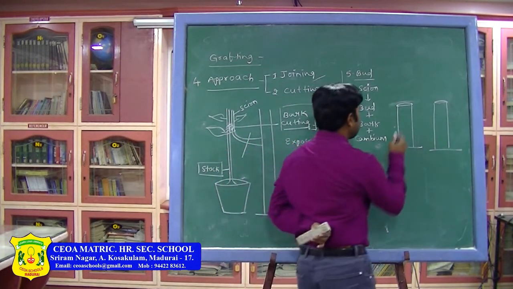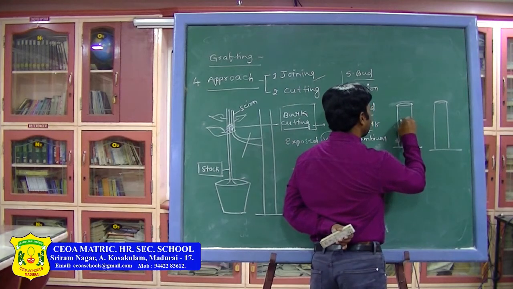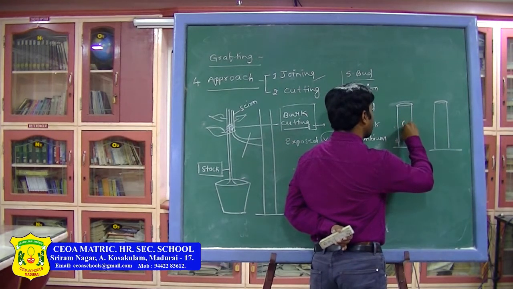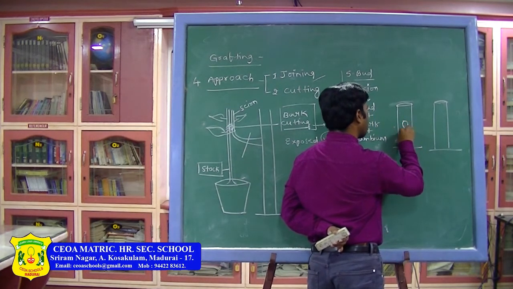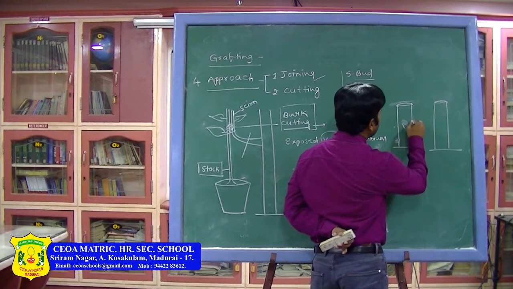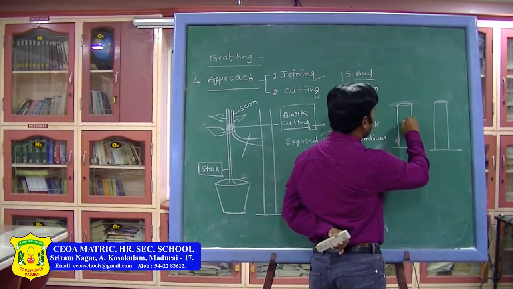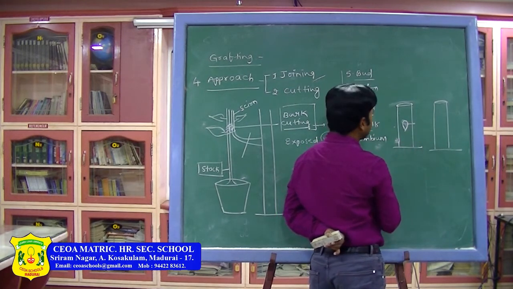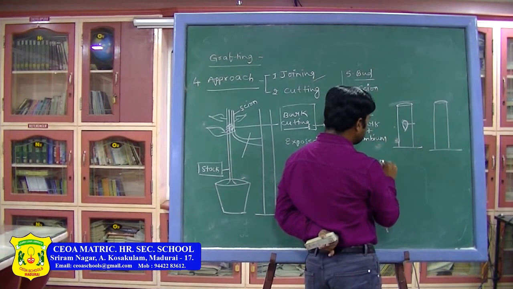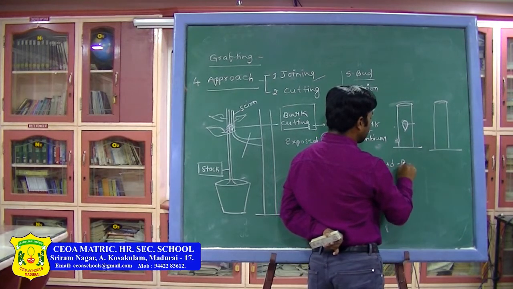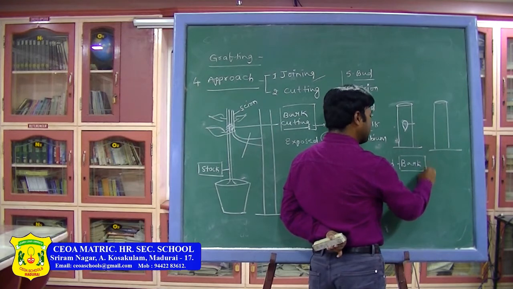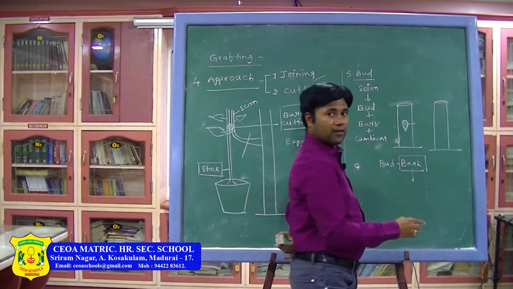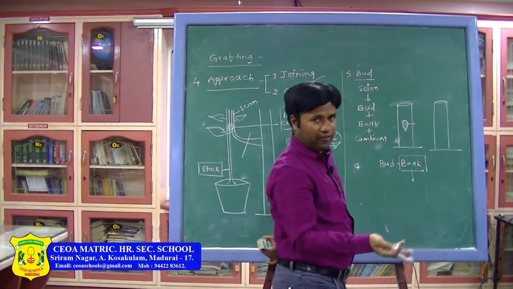Here, the bud we are cutting in this manner, or else you can cut in this manner. First the bark part will be removed. What does it consist of? First the bud will be present, then the bark. When you cut the bark, we are cutting the outer side of the cambium.